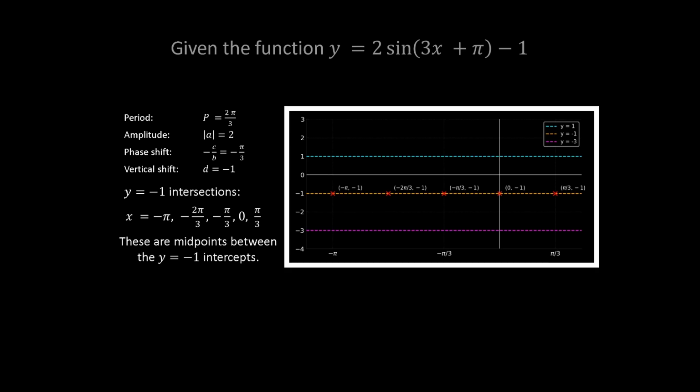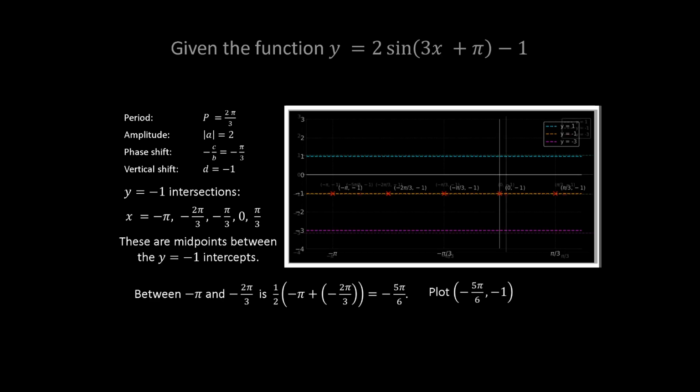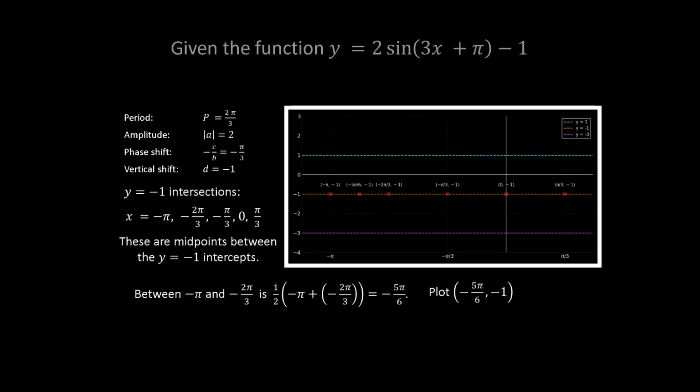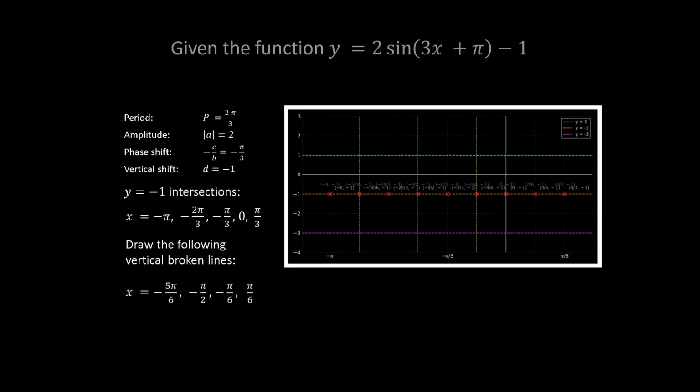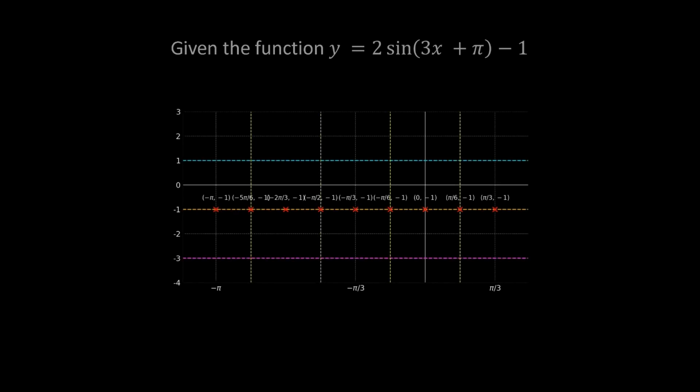These points are the midpoint between the midline intercepts. Here they are shown on the graph. Next, we draw the vertical broken lines through these points. These lines, together with our earlier guides, will help us graph the function.